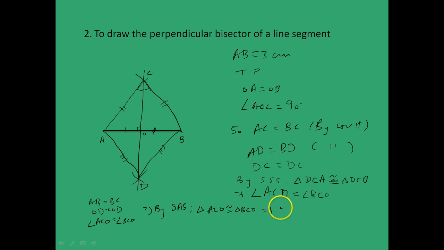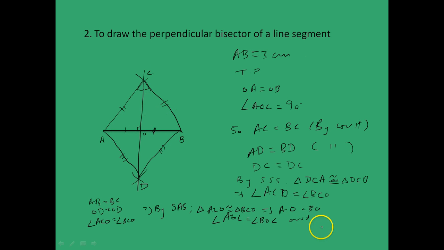This implies AO is equal to BO, and also we would know that angle AOC is equal to angle BOC.